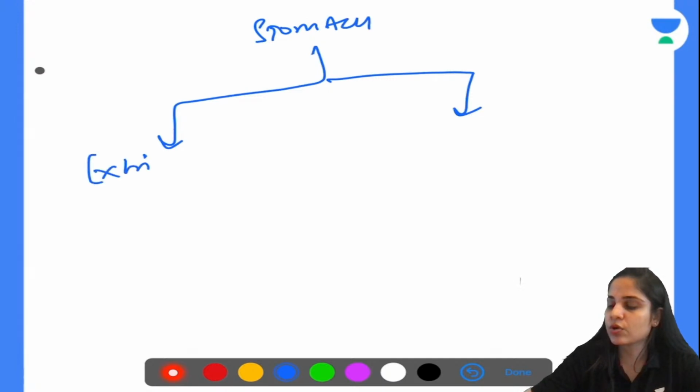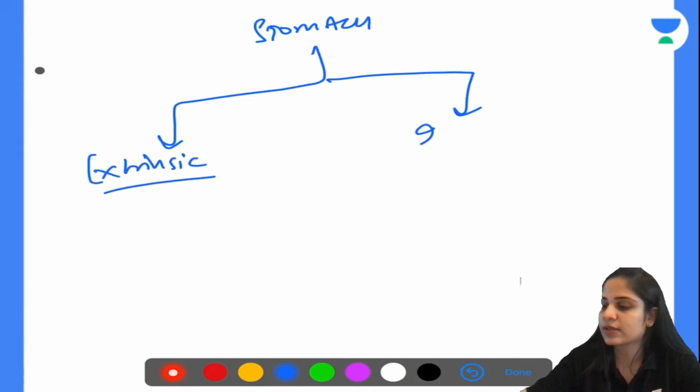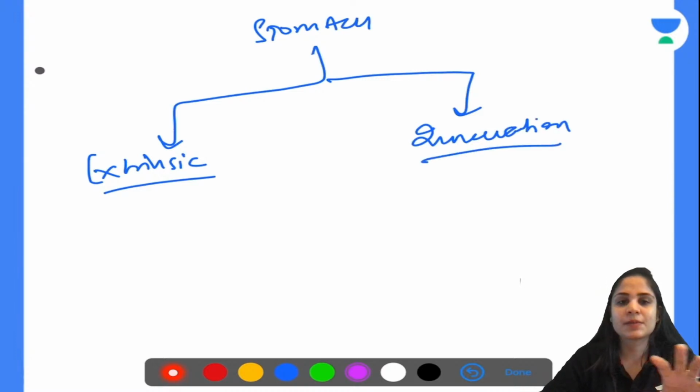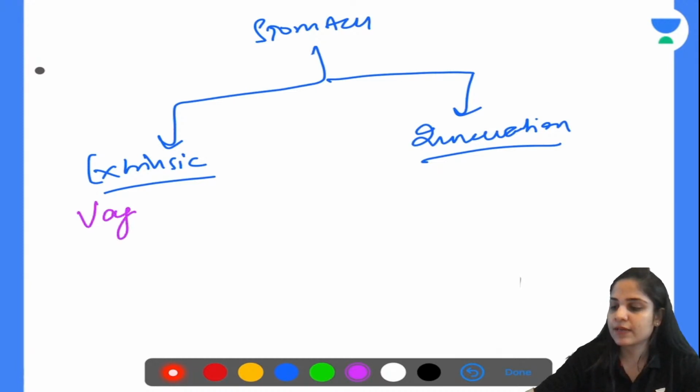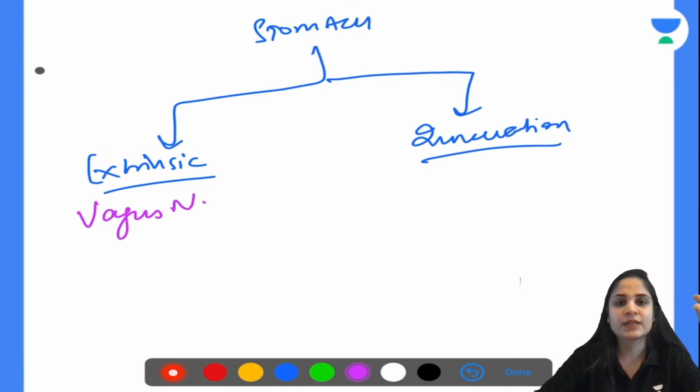Do you all know who supplies the extrinsic innervation of the stomach? Please tell me which nerve supplies the extrinsic innervation of the stomach. Okay, so everyone knows the vagus nerve supplies the extrinsic innervation of the stomach. Sometimes they will ask you which one of these statements is false.